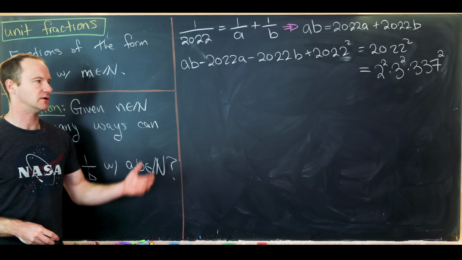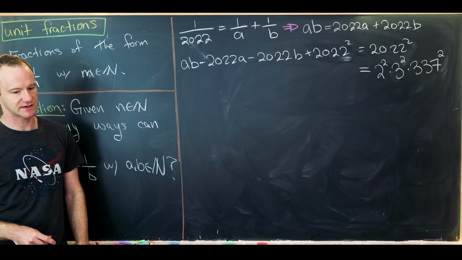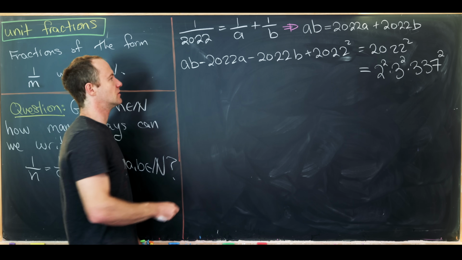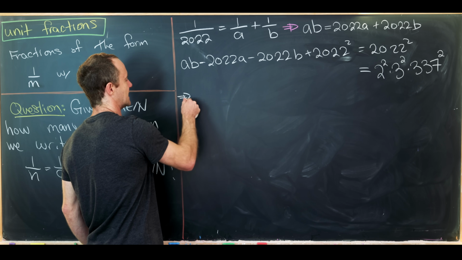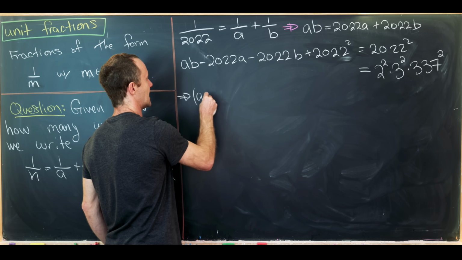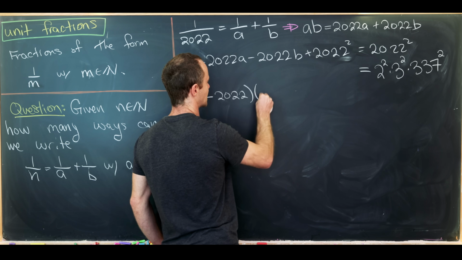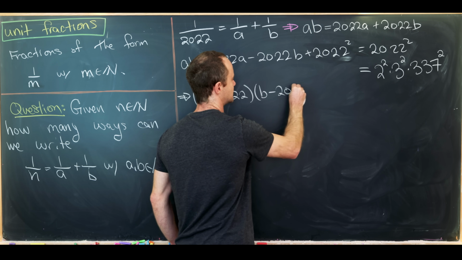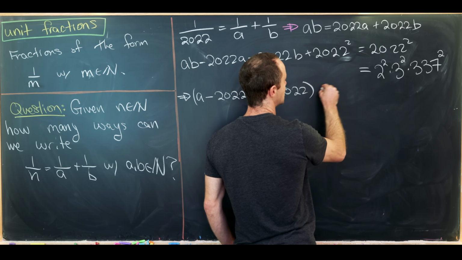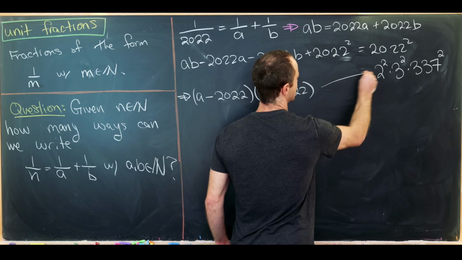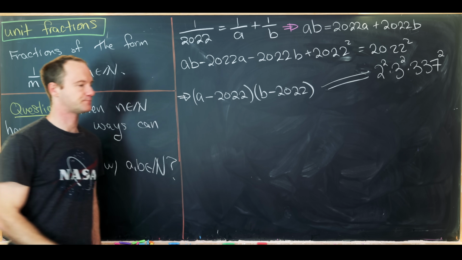So when you square it, you have to square all of the prime factors like that. Okay, so now let's factor this left-hand side. That'll give us A minus 2022 times B minus 2022 equals, maybe we'll just bring this equals right up here.